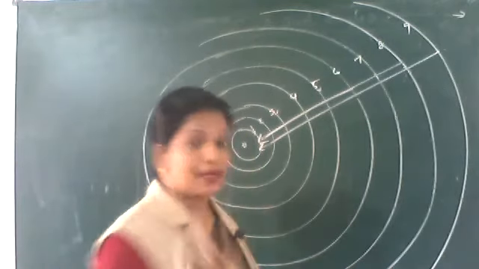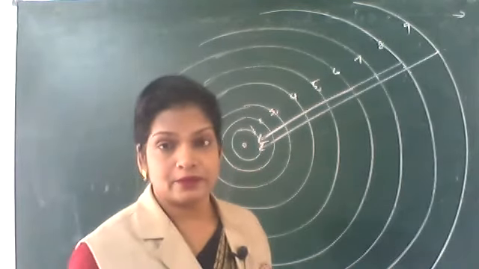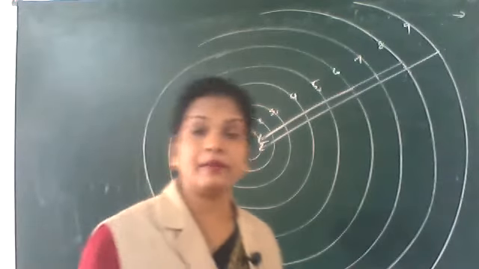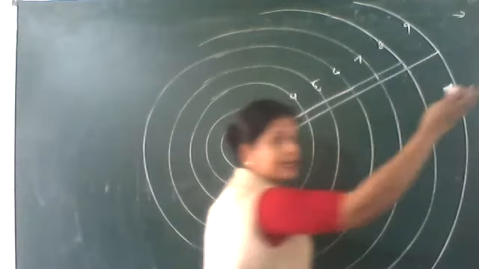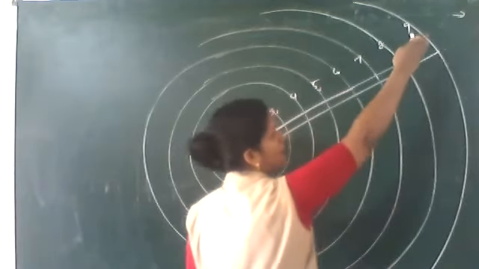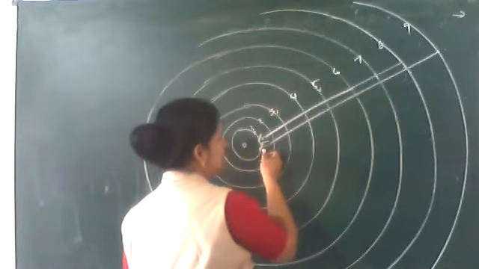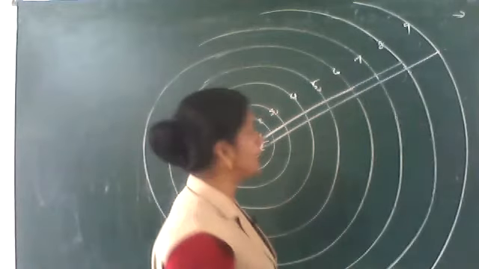So emitted light can be photographed. So in a photograph, you will be getting many lines. Suppose the electron in one atom was on the 9th orbit, and when it falls to 1, you will get a line.